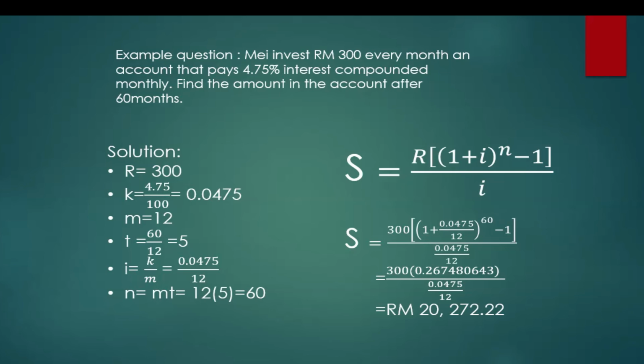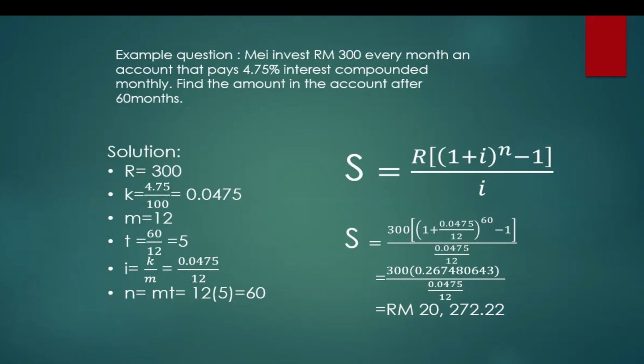small I equal K divided by M, which is 0.0475 divided by 12, N equal M multiplied by T, which is 12 multiplied by 5, we get 60.